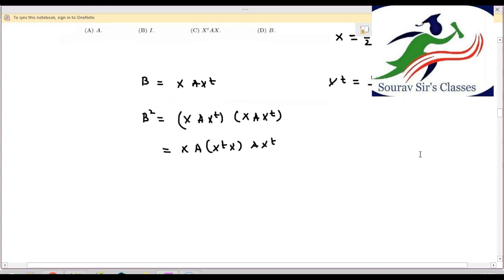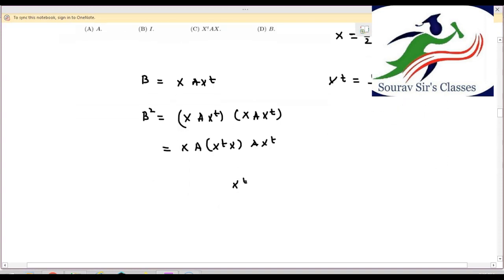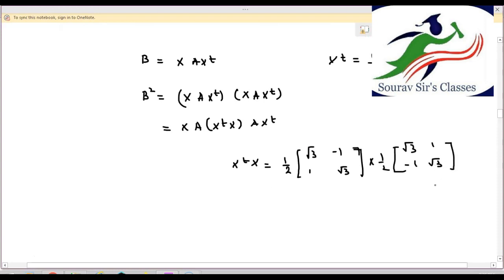So let us find X transpose X. This is our X transpose X.